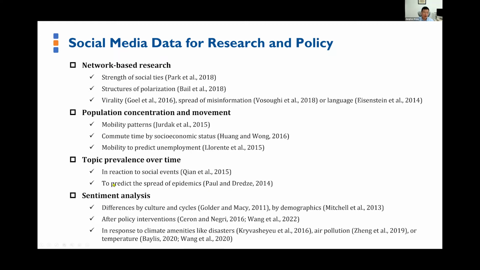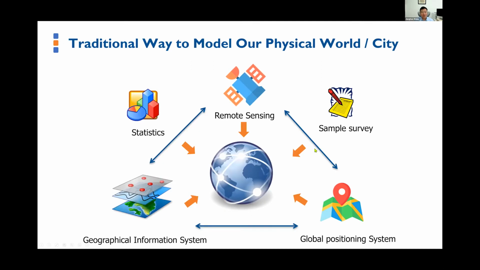Several studies use sentiment analysis to study differences by culture and cycles, the effect of policy interventions, and responses to extreme climate events like disasters, air pollution, and high temperatures. I will introduce some details later.